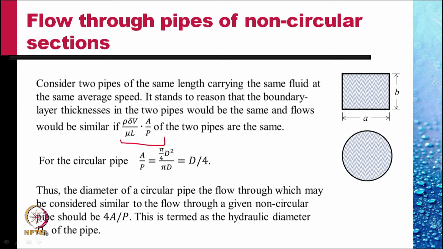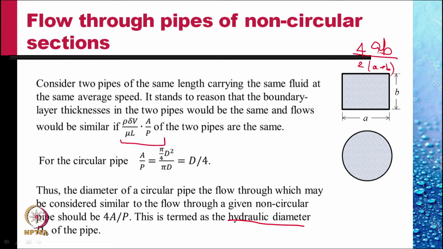For example, this rectangular pipe with dimensions A and B, area is AB, perimeter is twice A plus B. So, the equivalent diameter of this pipe is 4 times this, which is called the hydraulic diameter and is represented by d sub h.